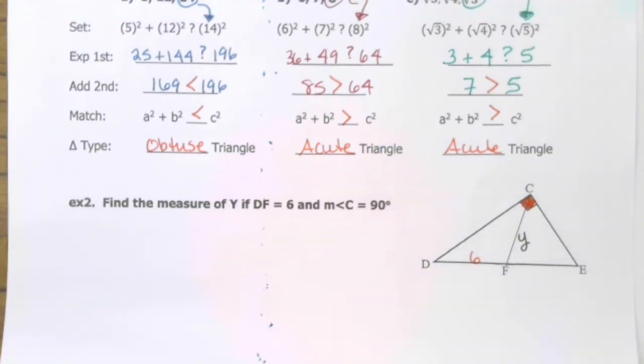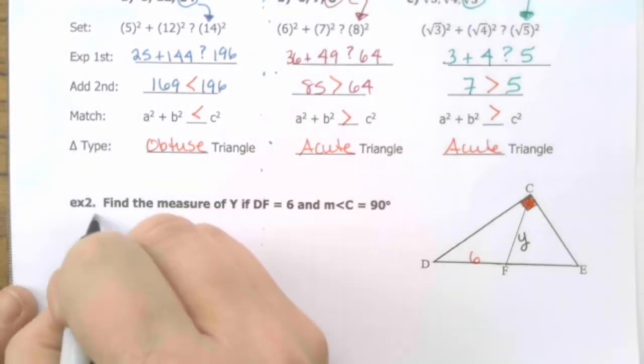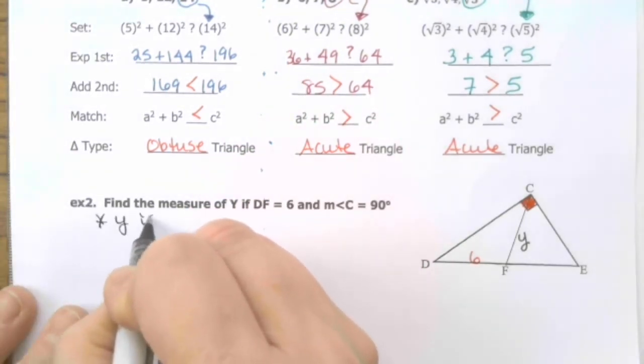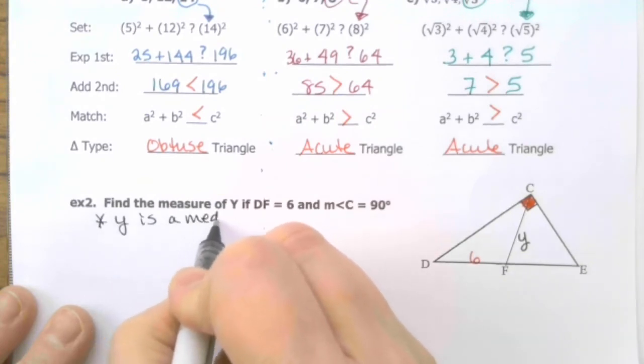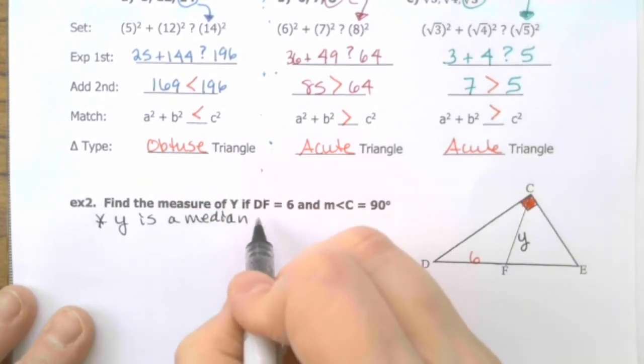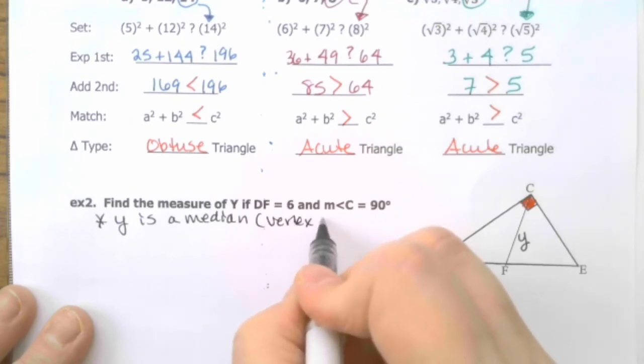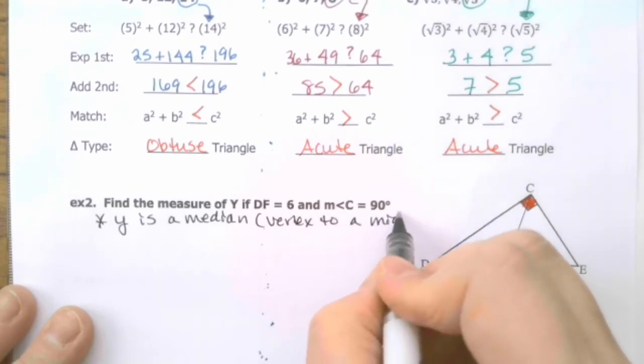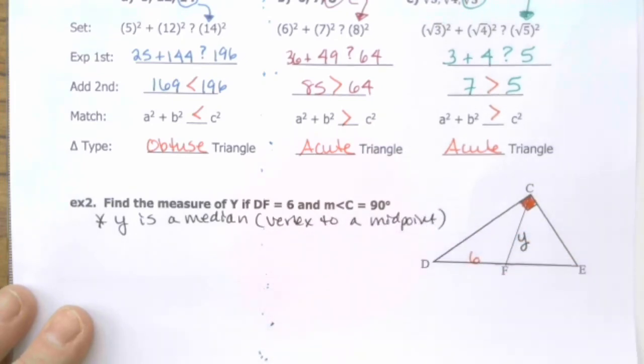Okay, so other piece of information that should have been in this, y is a median, which of course means it goes from a vertex to a midpoint. We need that piece of information.